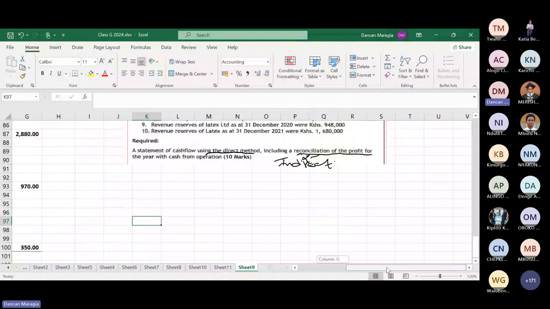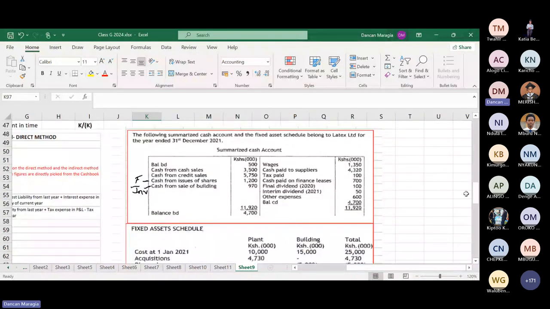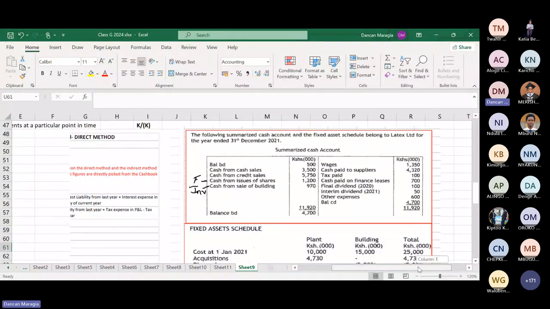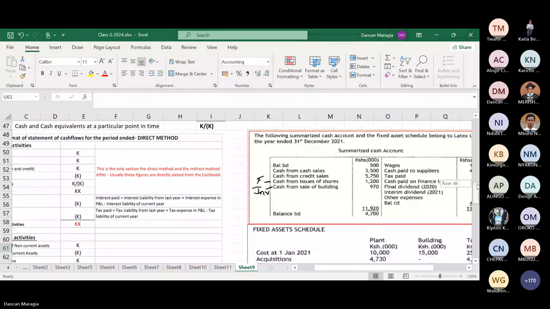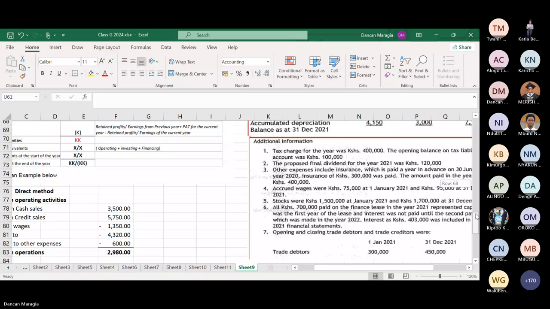If you have the cash book, you do a last counter check if there's anything you've left out. Cash from sale of building, cash from sales, issue of shares. We have everything. We are sure.